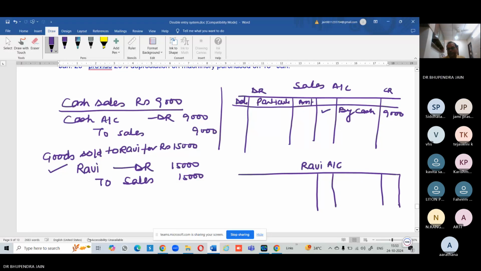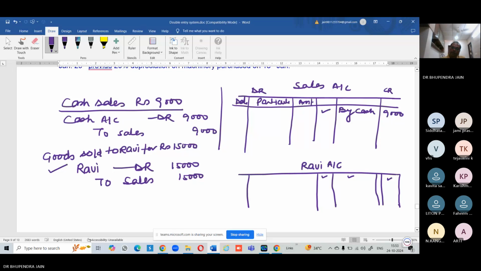Number first is date. Number second is particular. Number third is general folio. Number fourth is amount. Date, particular, amount. ये बन जाएगा छोटा सा.